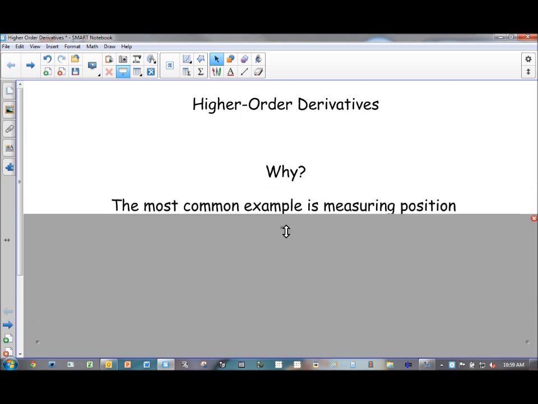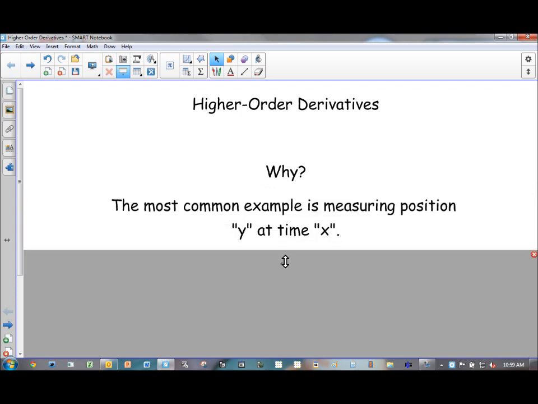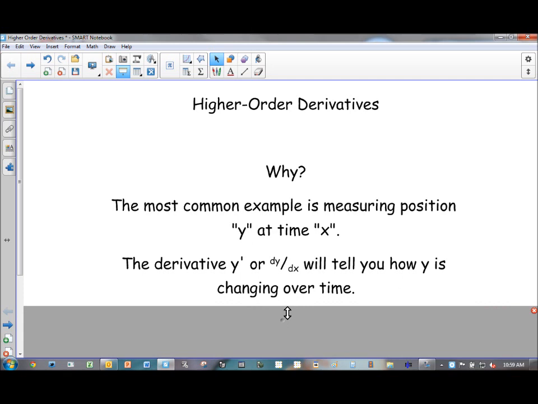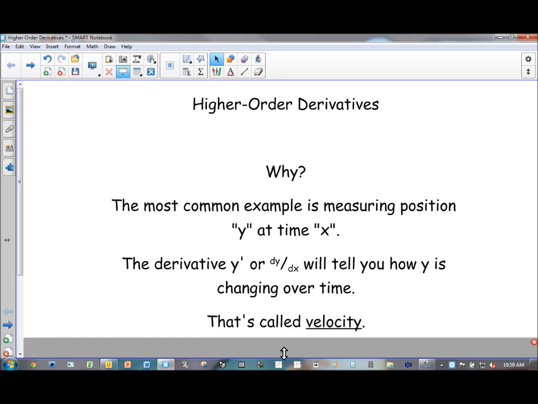The most common example that we talk about is measuring position at time x, so position being your y and time being your x. Well, if we're finding the derivative of position, then we're looking at how position changes over time. Well, we call that velocity. Velocity measures how your position changes over time. That would be taking the first derivative.